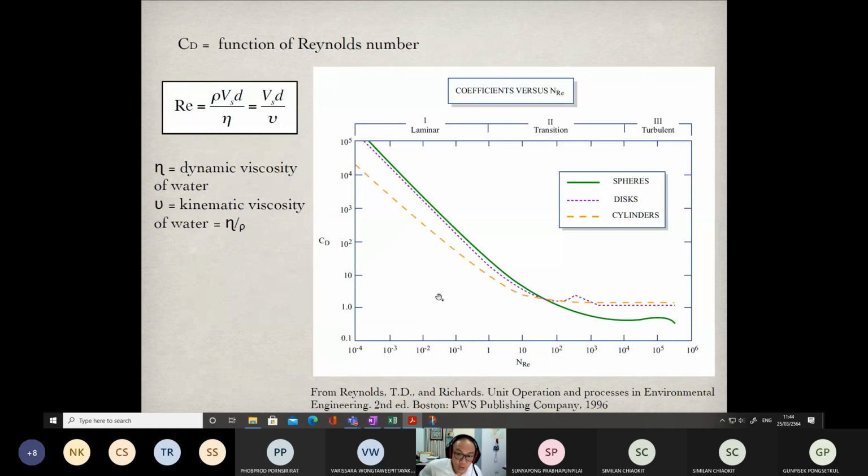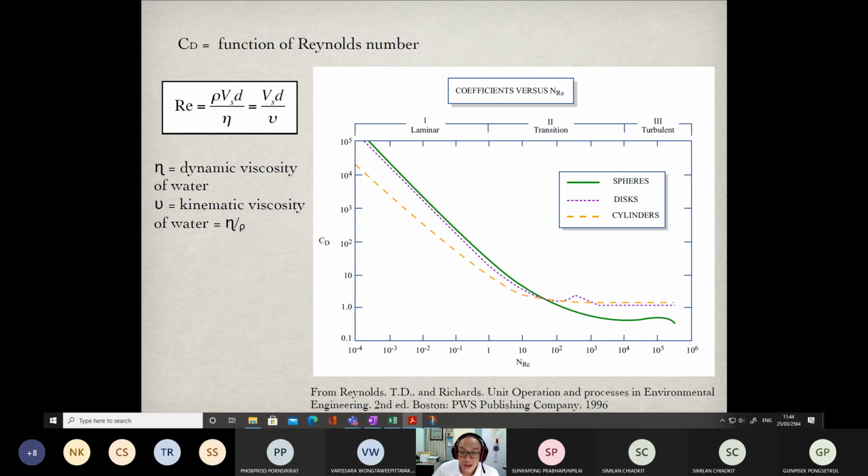For laminar flow, you can determine the coefficient of drag once you know the Reynolds number, and the Reynolds number is given as rho Vs d divided by the kinematic viscosity, or the settling velocity times the diameter divided by the kinematic viscosity. So this is the way we determine the Reynolds number.